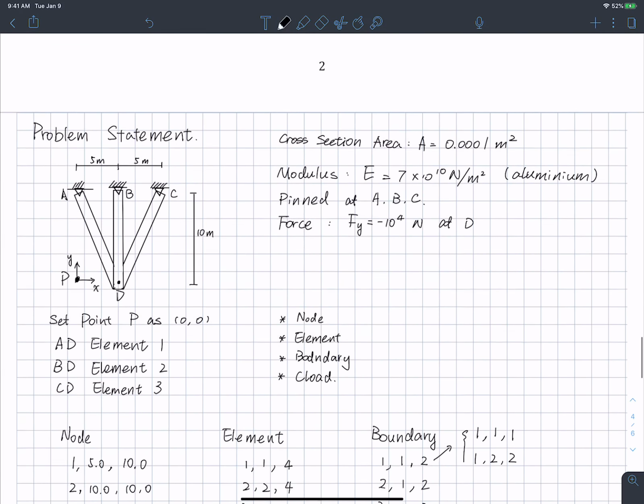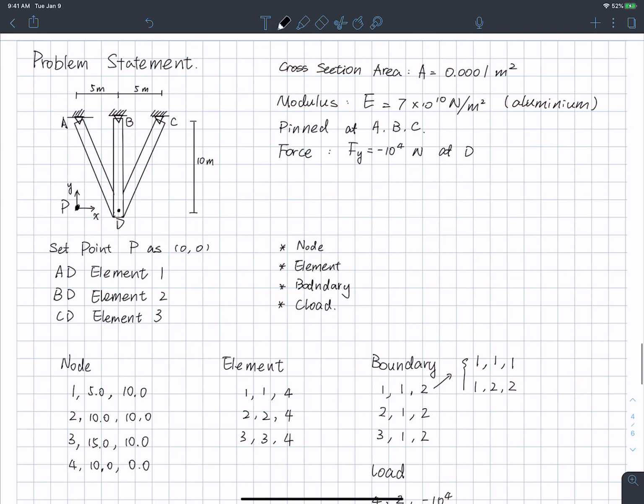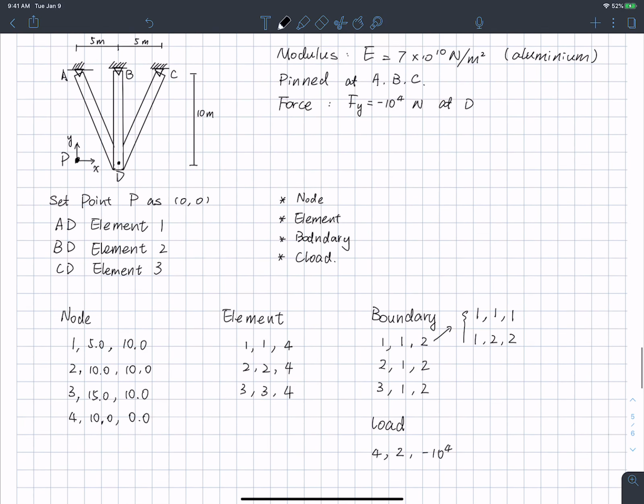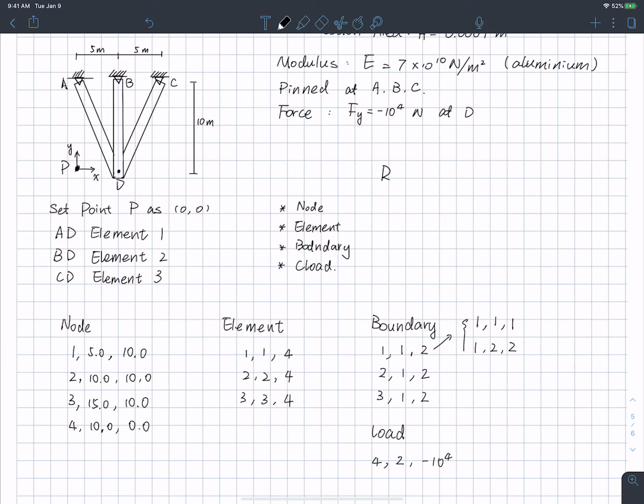So now after we change all of this in the input file, you should be able to run this input file on your own. And for reference, the displacement in y direction at point D should be negative 5.87 times 10 to the third.